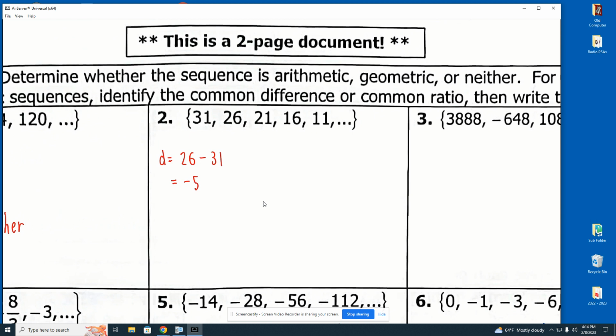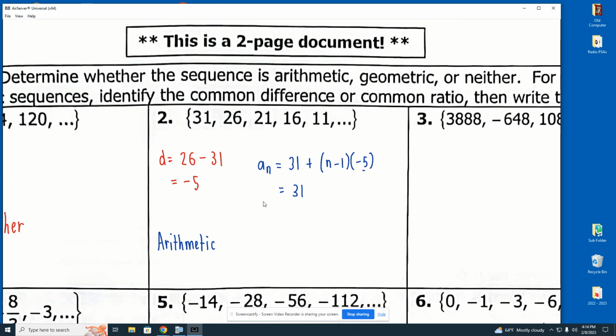So I'm going to write the rule for it because it is arithmetic. And again, we wrote those equations down, which are going to be on your review. They're going to be on your test. But here was the equation: a sub n equals a sub 1, 31, plus n minus 1 times d, negative 5. I'm going to go ahead and distribute that negative 5.